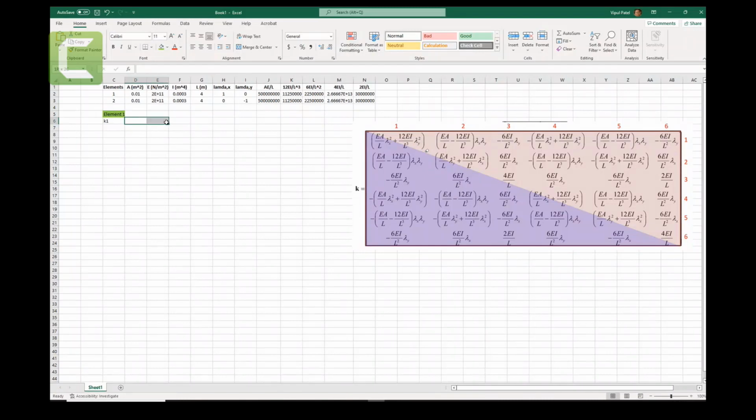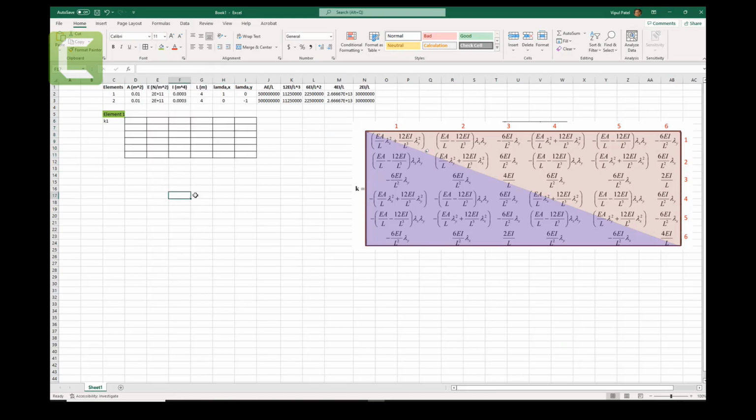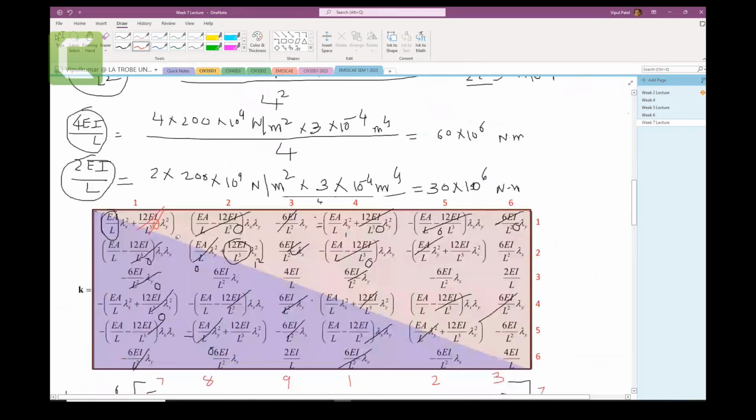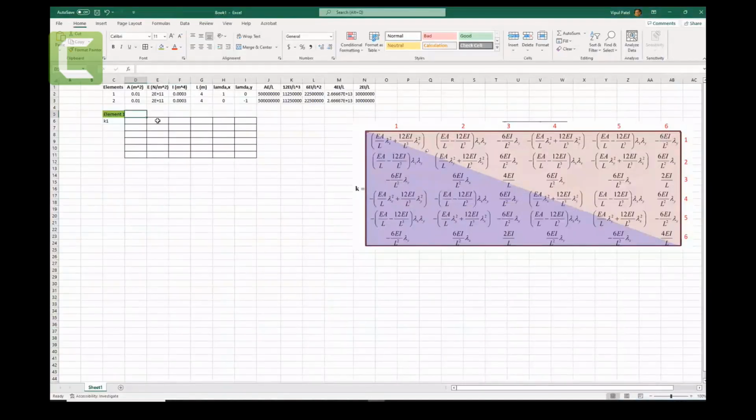We need the 6 by 6 matrix, 1, 2, 3, 4, 5, 6. Now in here, you remember that one we did already: 7, 8, 9, 1, 2, 3. So we can put 7, 8, 9, 1, 2, 3.